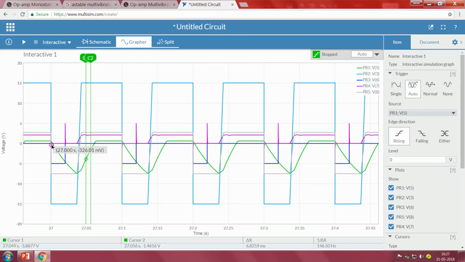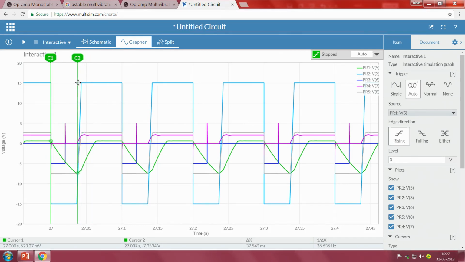Whatever calculations we made during our astable module, if you do the same calculation, we can even see the voltage from here to here, right. Or if you want to compare, I can put one marker here and one more there.